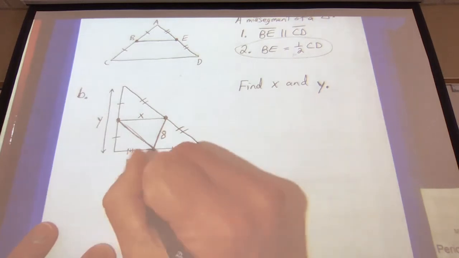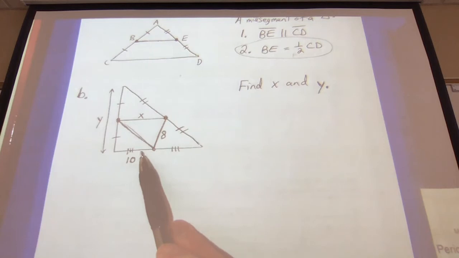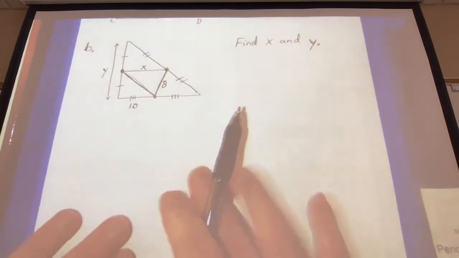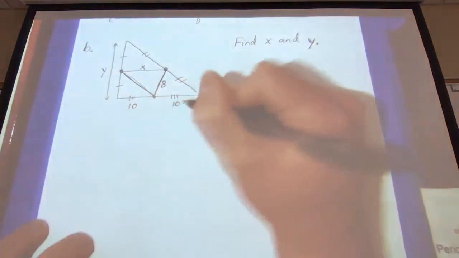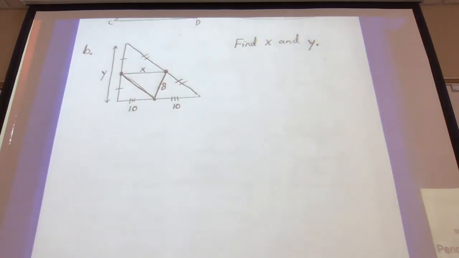And on this bottom side, this half is going to be 10. And as soon as I know that half is 10, that makes this half 10 also. And from that mess right there, we're going to be able to find X and Y.